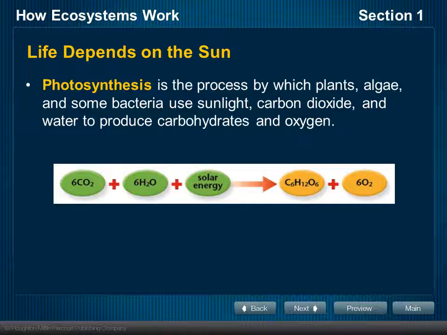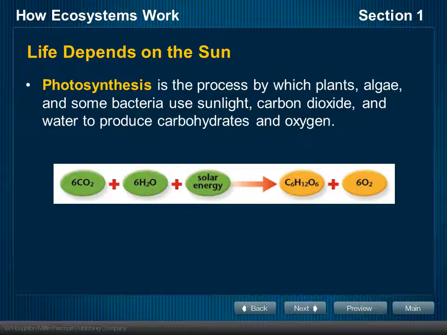We can represent the process of photosynthesis as a straight chemical equation, which you have here on the screen. A plant is going to take 6 molecules of CO2, carbon dioxide. It's going to take 6 molecules of water, H2O, and the solar energy, the energy it gets from the sun.